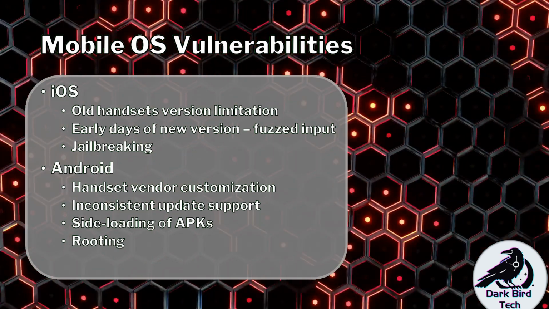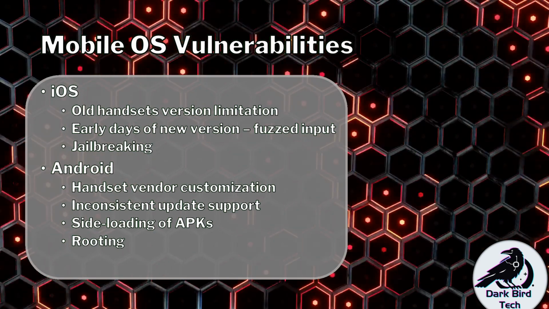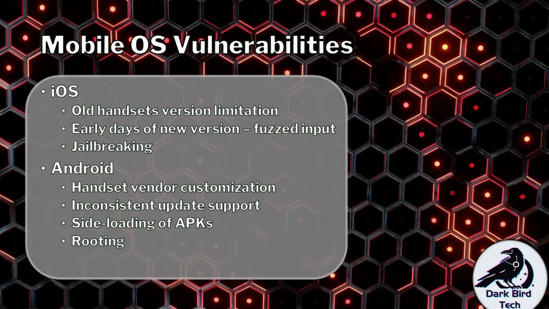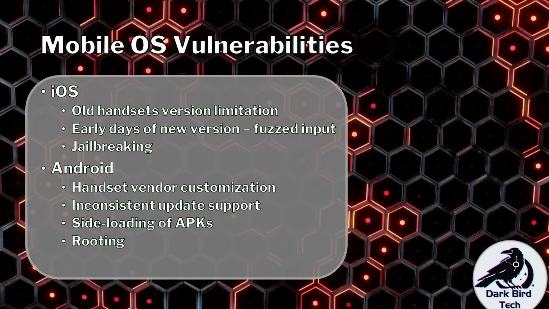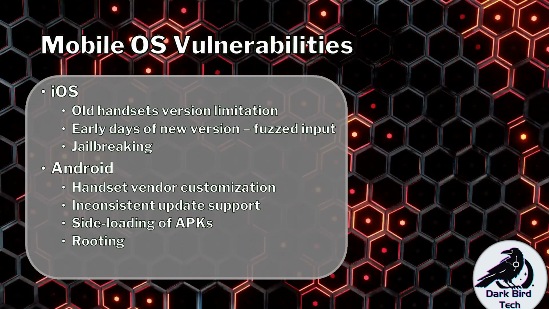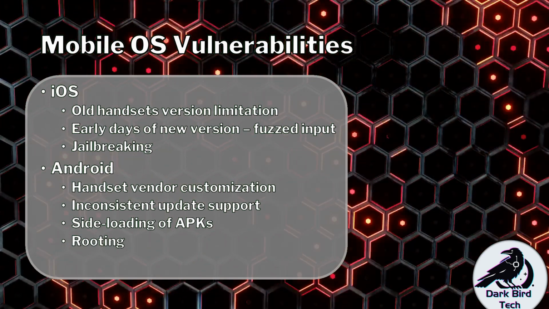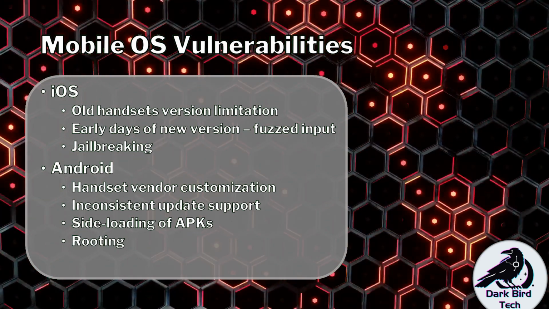Rooting for Android is the same as jailbreaking for iOS. You're taking administrative control. The danger is if any malicious process is on your device, the attacker gets full access, as that's the desired state you want to be in. The attacker will get full access to the device as you're running with an admin account the whole time.